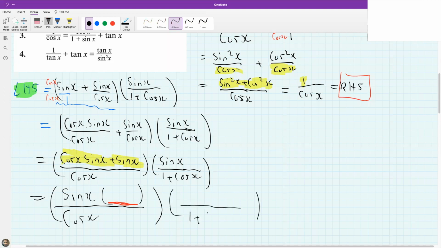This part is just going to stay the same because I haven't touched it. So I think if I took out sine x, the cos x is left behind, and here there's a 1. So I would have cos x plus 1.